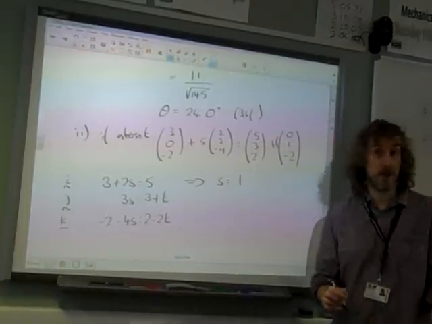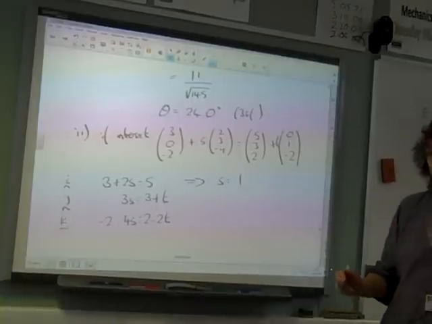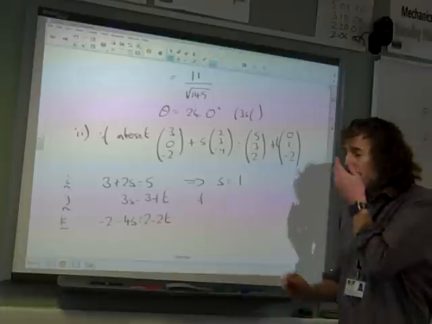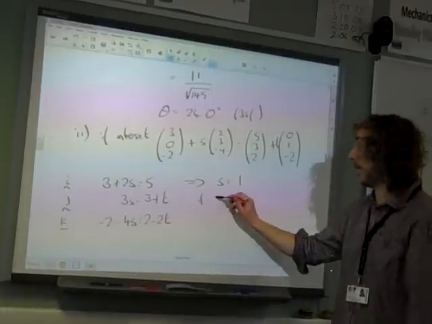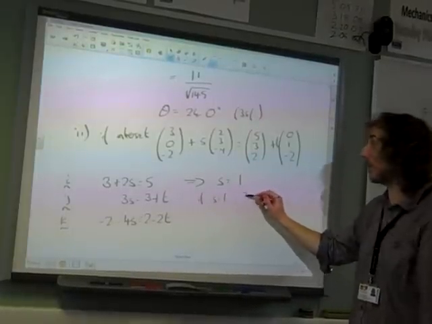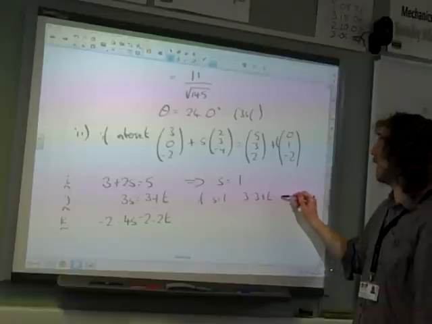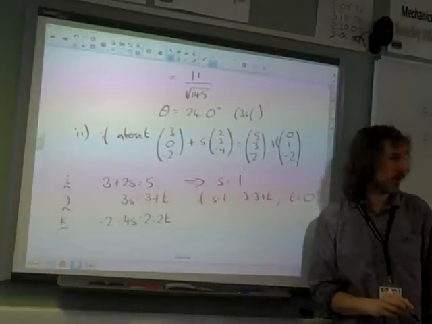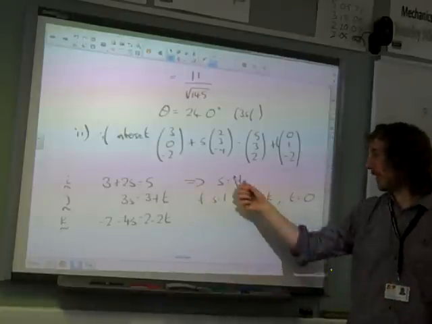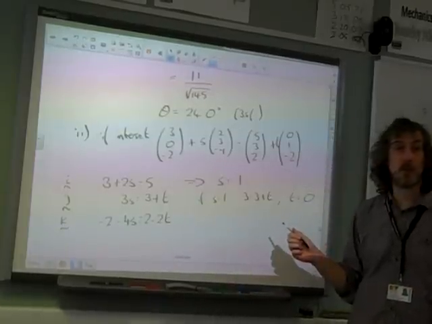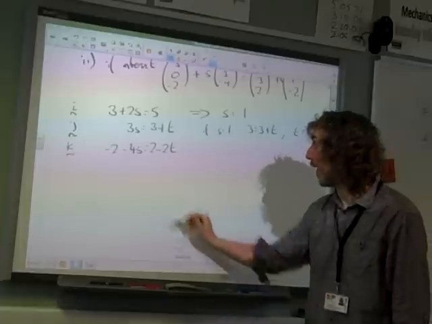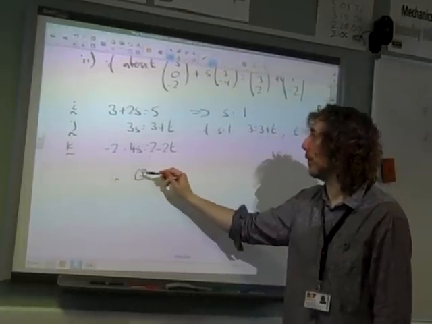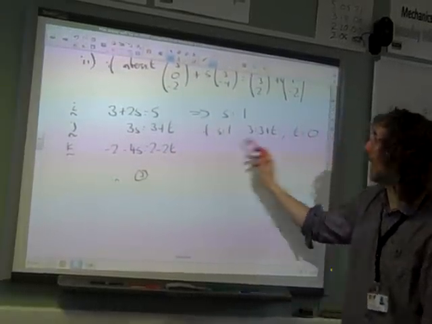If s equals 1, we end up with 3 is 3 plus t, so t equals 0. So the solution to the i and j equations was s equals 1, t equals 0. We've got to show that's not consistent with the last one.